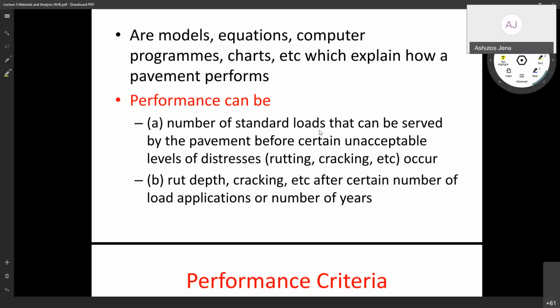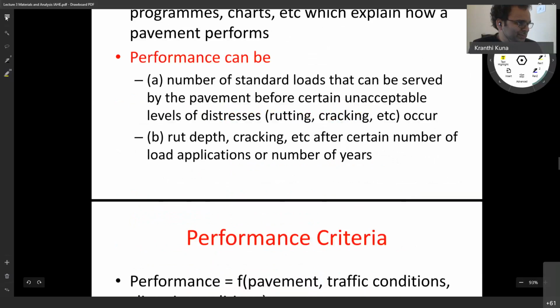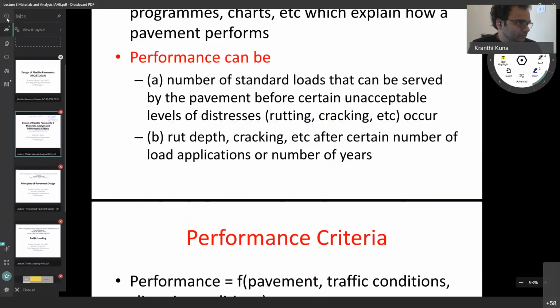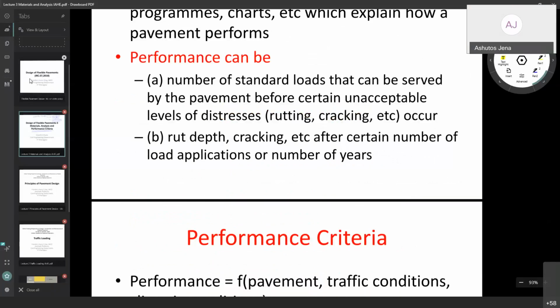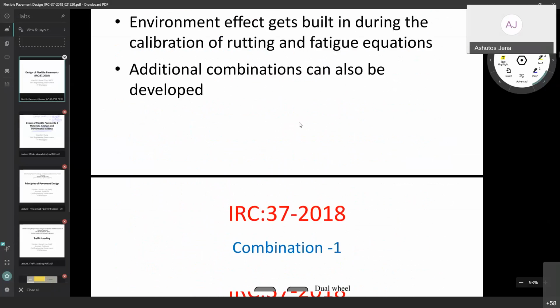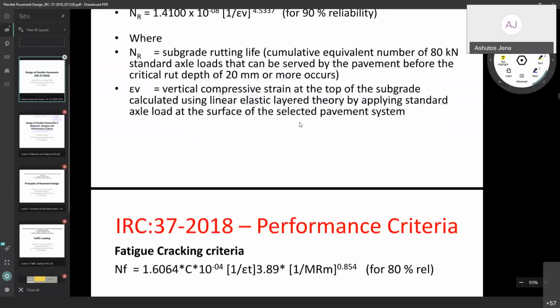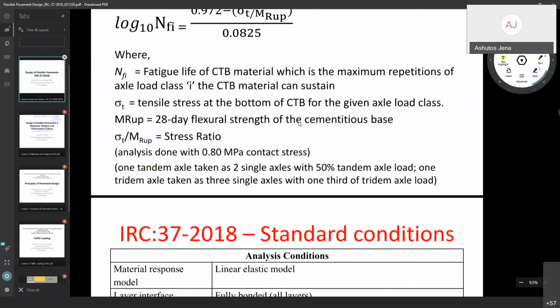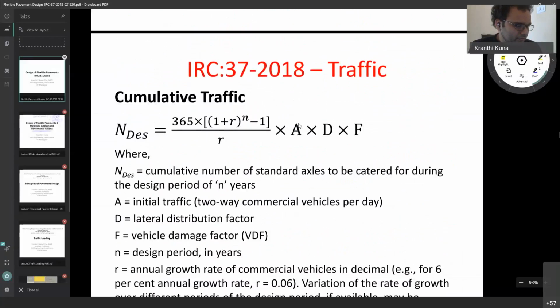No, it is the same. See, maybe you are talking about this one. Yes, sir.